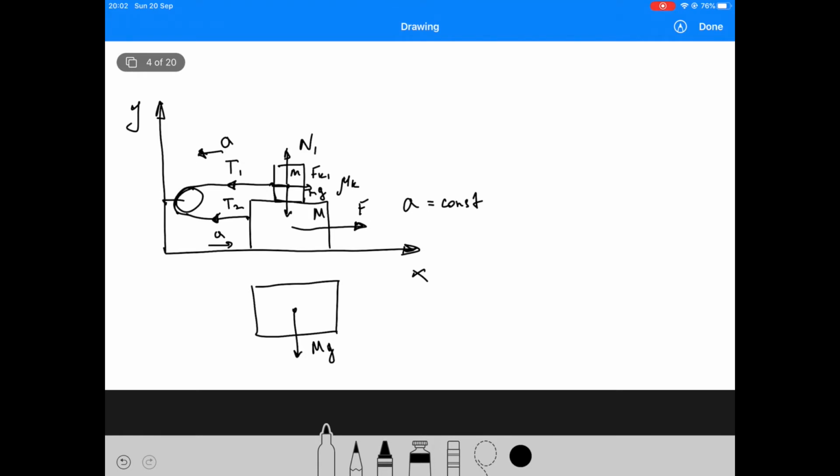Then we have, in addition to this, some pressure which is caused by the top body. So it will be mg. Then we have reaction of the plane where it's located, let's call it N2.